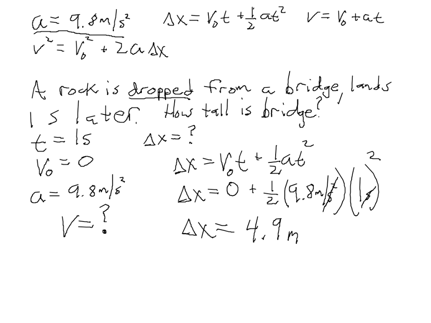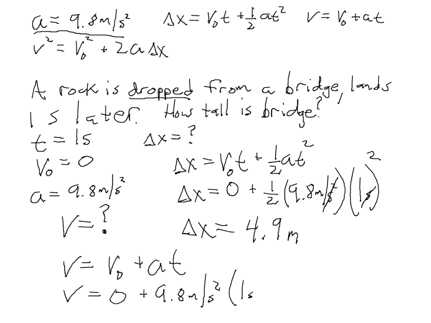That one will make the algebra a little bit easier. We have v equals v0 plus at. So v is equal to 0 plus 9.8 meters per second squared times 1 second.